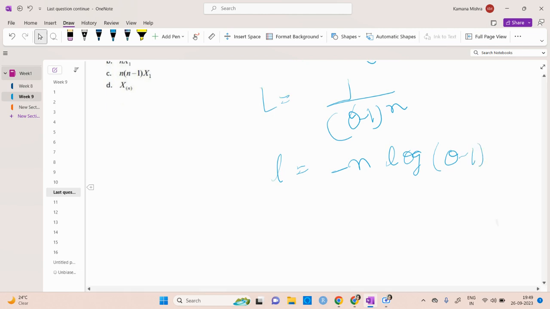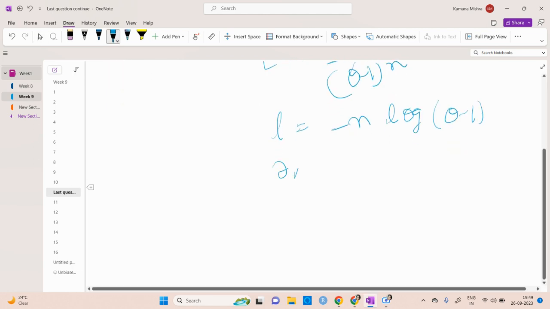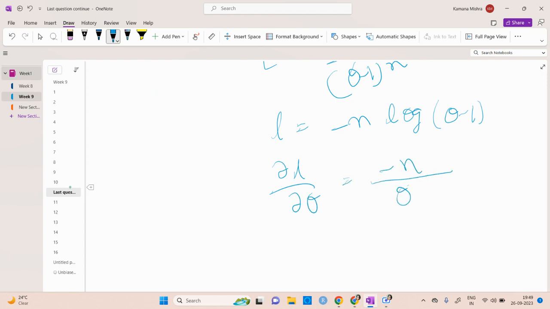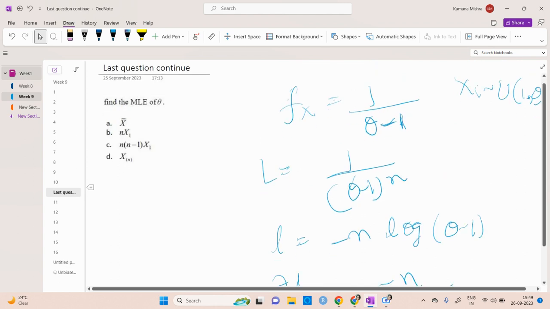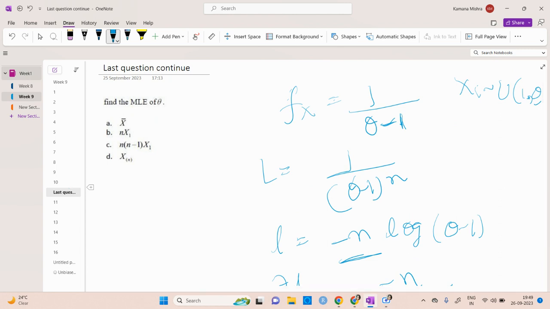Now if you do del L by del theta, you get n upon theta minus 1. If you set it equal to 0, that means minus n equals 0, again illogical. So you can see it from here: if we take theta as the largest value, then L will be the maximum.